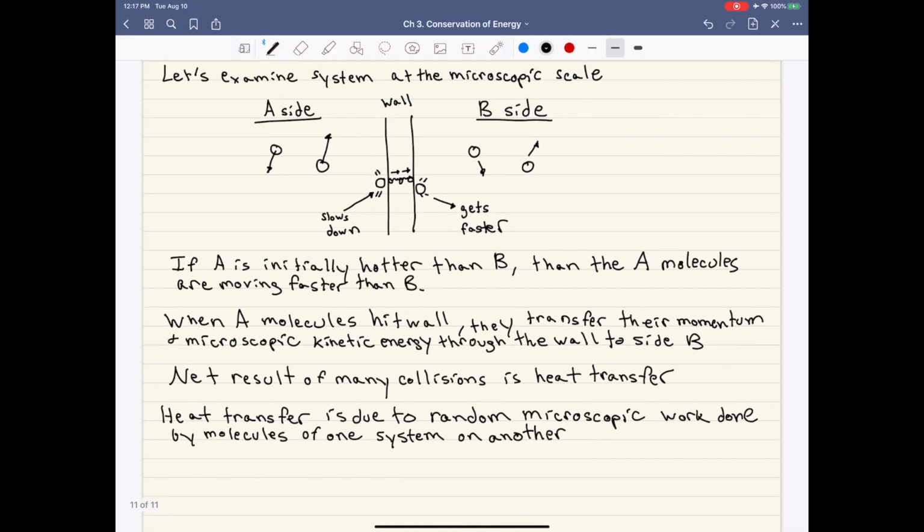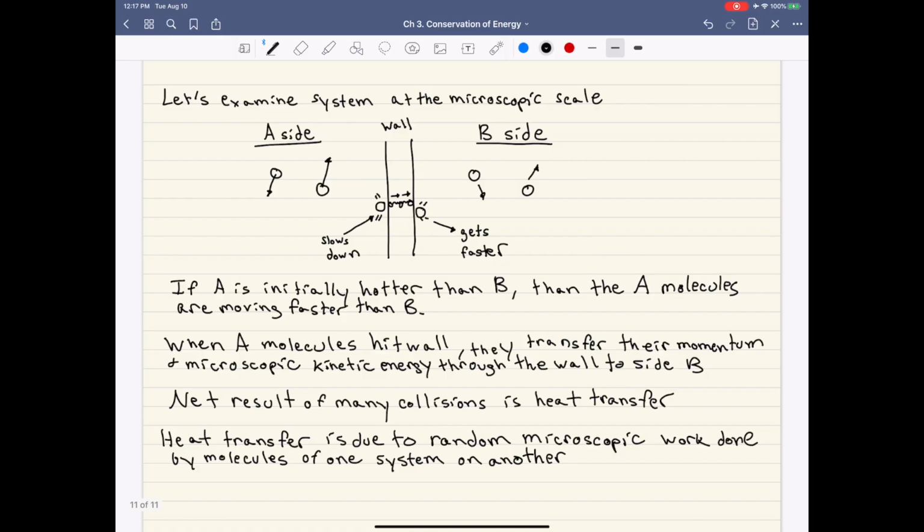All right, and so you could think of heat as microscopic work, and regular work as macroscopic work. And so in this course, we're going to focus on connecting the sort of molecular perspective to what we observe with our own eyes.